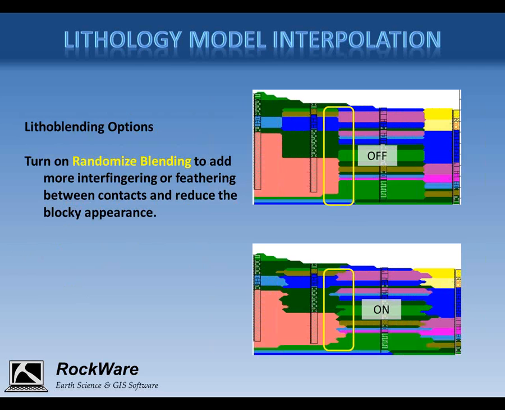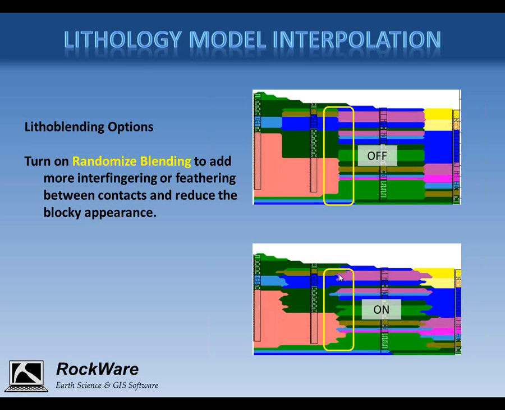So what are some of the options that we have when we're modeling? If we're using lithoblending, you can see we get a pretty blocky unit within this yellow rectangle. We get abrupt changes from one unit to the other. Over here, pink, green, it's a very abrupt change and it's very vertical. If we turn on this randomized blending method, we can introduce some interfingering or feathering between the two units in the middle third area between these two boreholes.